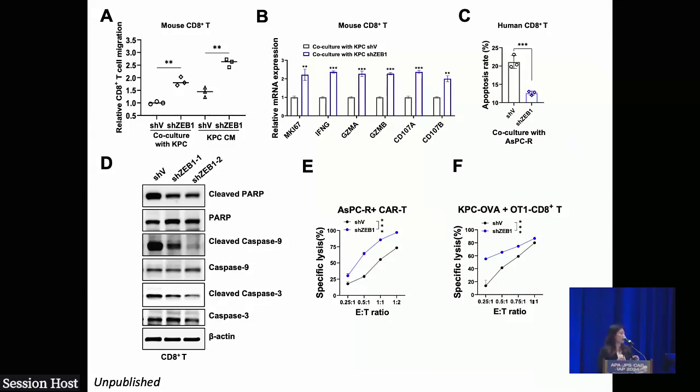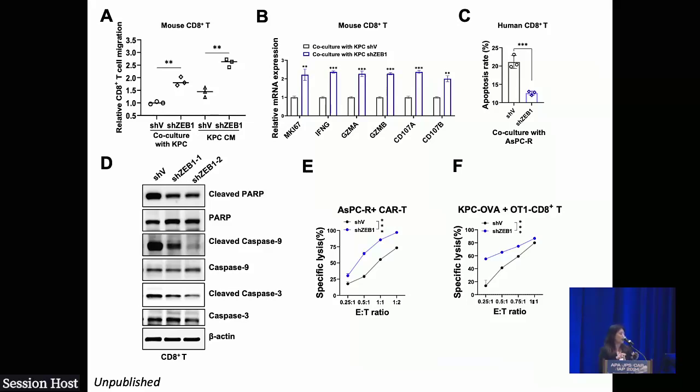We found that knocking down ZEP1 decreased the apoptotic markers, such as cleaved caspase-9 and caspase-3. And since CD8 T cell function is characterized by cytotoxicity, we established an antigen vector overexpressed in the cancer cells. And also we collected OT1 CD8 T cells from the mice and constructed the antigen-based vector overexpressed in the KPC cells.